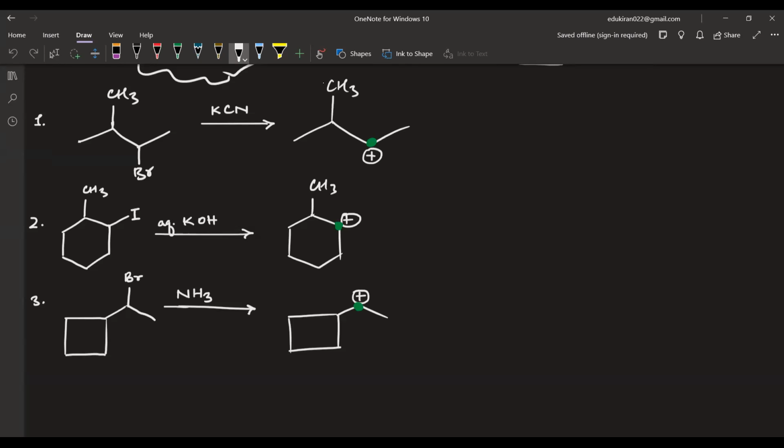Okay. Now, my question is: is there any 3-degree carbon adjacent to the carbocation?